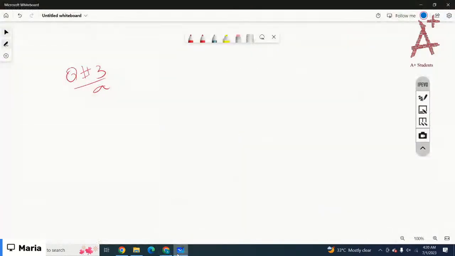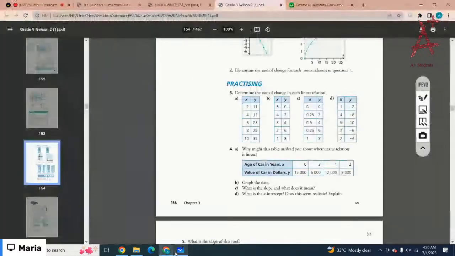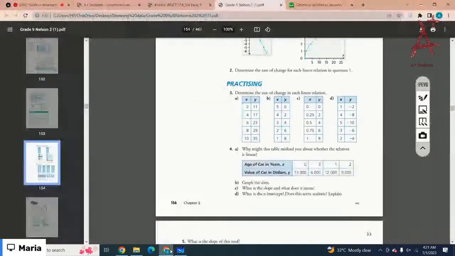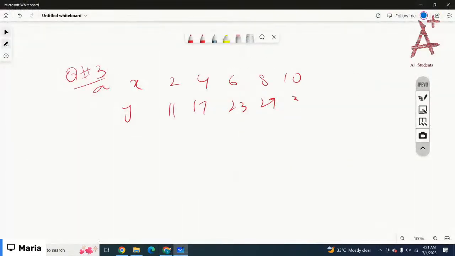X values are 2, 4, 6, 8, 10. And y values are 11, 17, 23, 29, and 35.